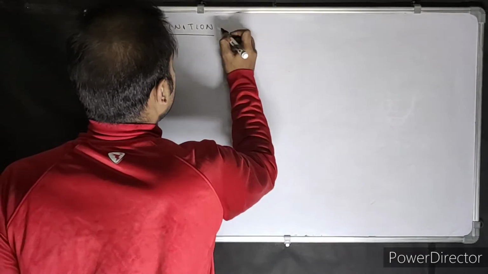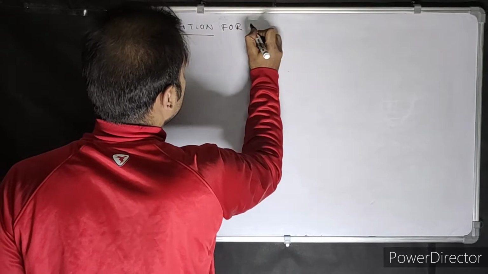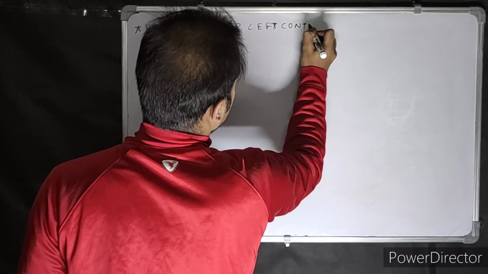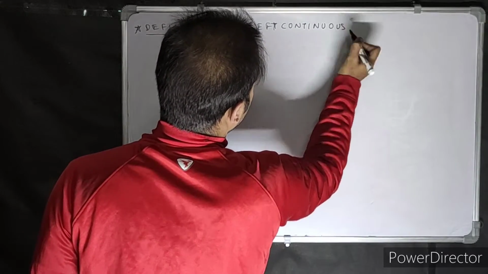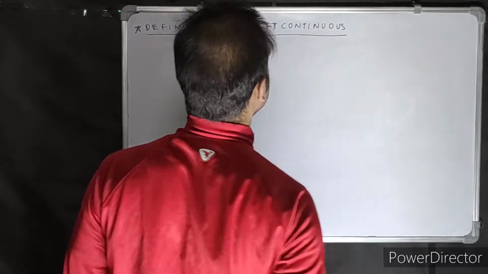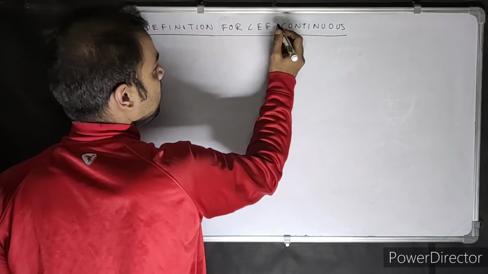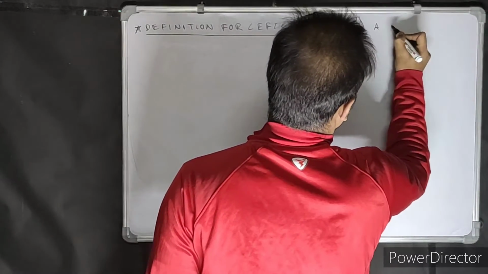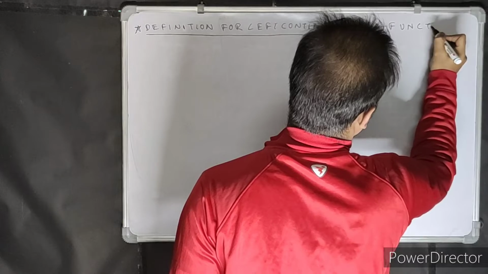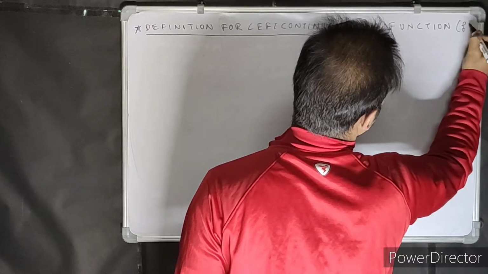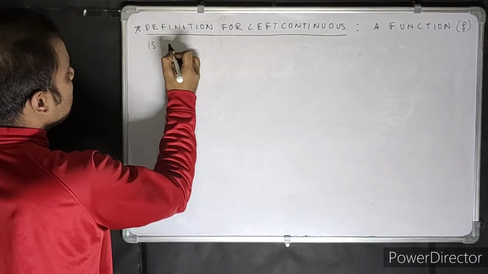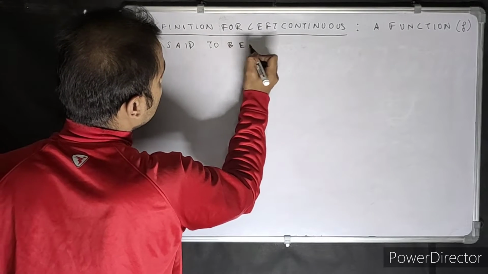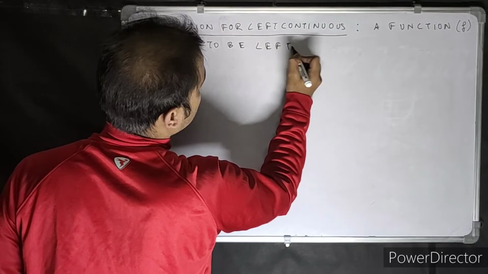This is the definition for left continuous, which means continuous from the left hand side. Don't write now; once I have finished writing and explaining, then you write. A function f is said to be left continuous, or continuous from the left.